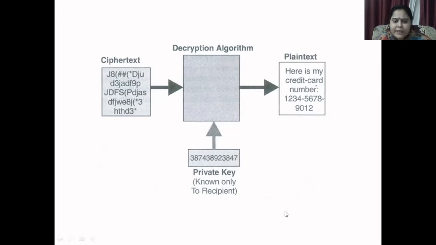So the private key will remain secret, while the public key will be known to both parties. Next, public key cryptography depends on the notion of a one way function. A one way function is a function that is easy to apply but extremely difficult to invert.